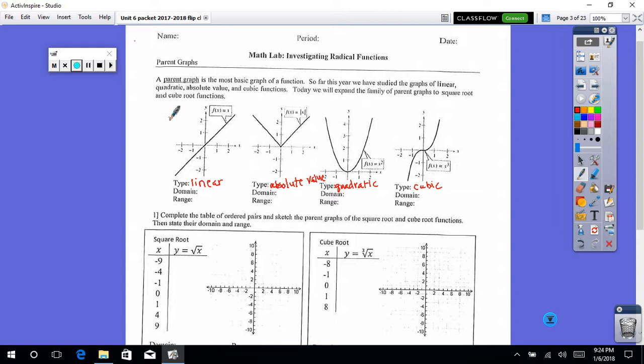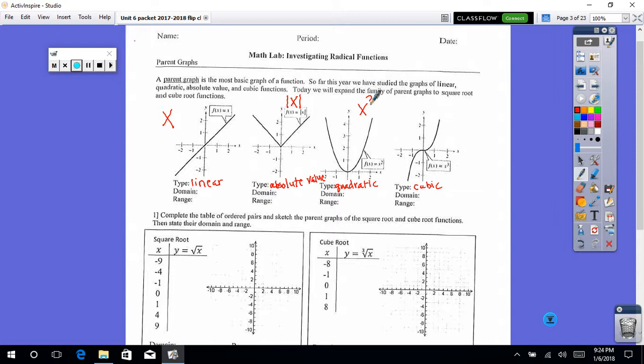Anytime you see an equation with a plain old x, only an x, no other exponent at all, it's going to be a linear graph. For absolute value, I know this is kind of hard to see, but anytime you see absolute value brackets around an x and no other exponents, then you are going to have an absolute value graph.